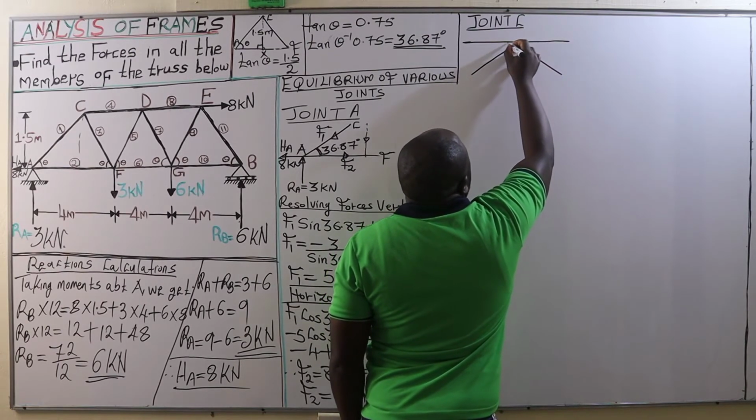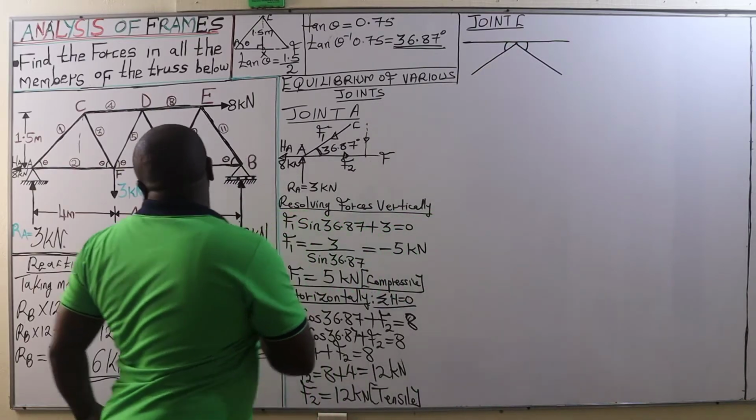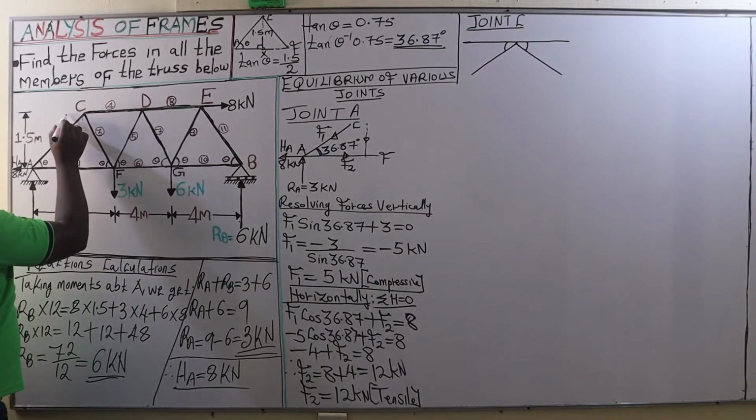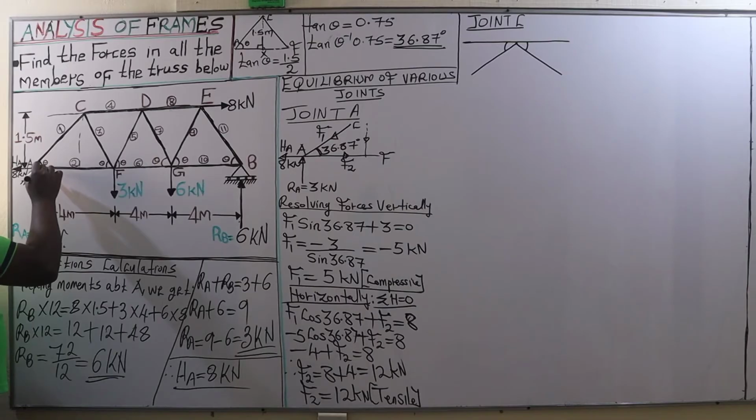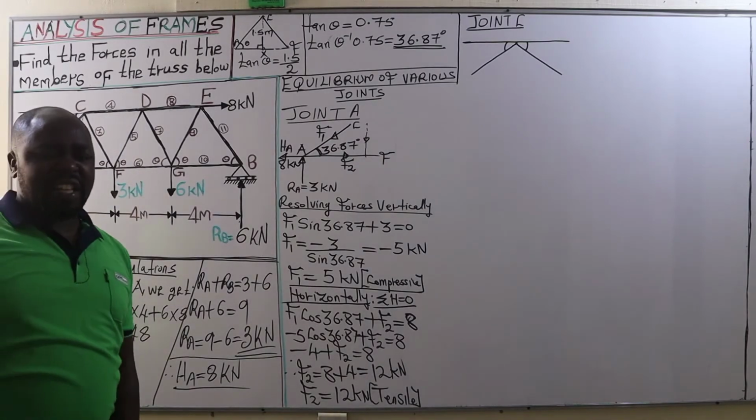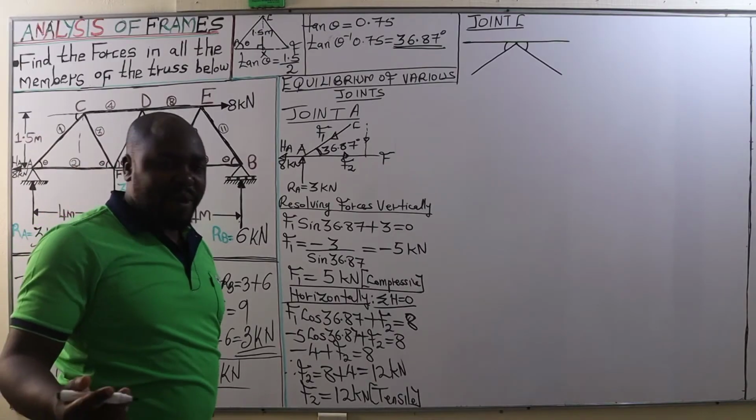We have angle theta. Now, if we extend this member beyond C, this angle and this one are going to be equal angles. Is it alternating or corresponding? Whichever.